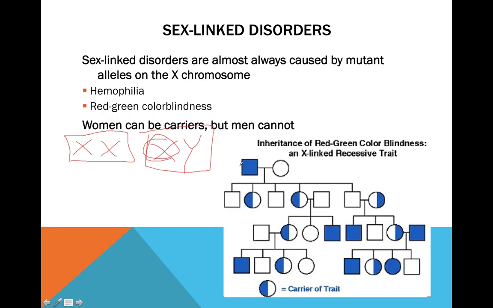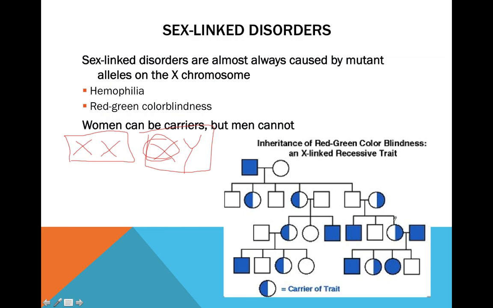If you look down here at this pedigree, the solid blue represents someone that is affected by the color blindness. Normally, women are not affected by color blindness. The only way that women actually inherit color blindness is if both parents carry that colorblind trait.